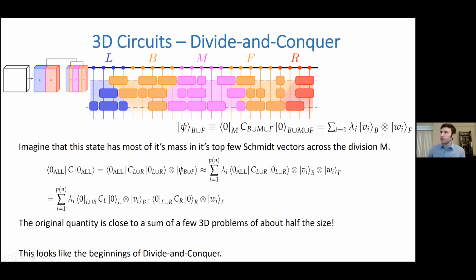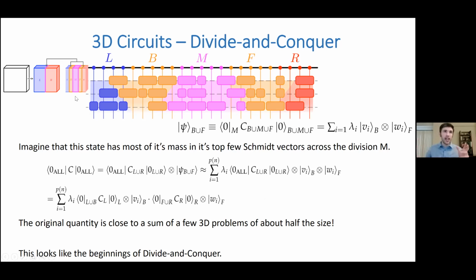If it turns out that the Schmidt decomposition has most of its mass in the high Schmidt coefficients, then in this equation here, we can write the original quantity we care about, the output probability of all zeros, as the sum of some new quantities, each of which are products of output probabilities of geometrically local low depth circuits of about half the size.